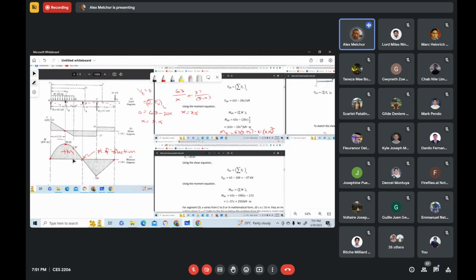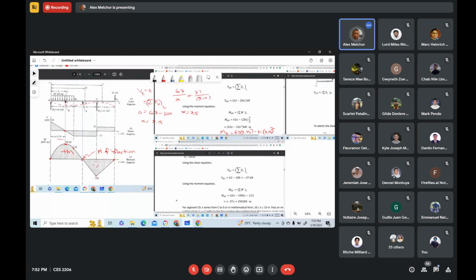In positive moment, from that left end, from that point to that point, we have positive moment. That means that the beam is concave upward. So that is the sign convention for positive bending moment. So that is why you have here concave upward. And then from this point to that point, we have negative moment.